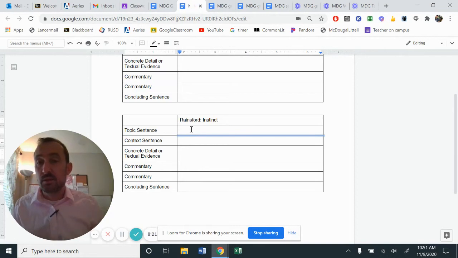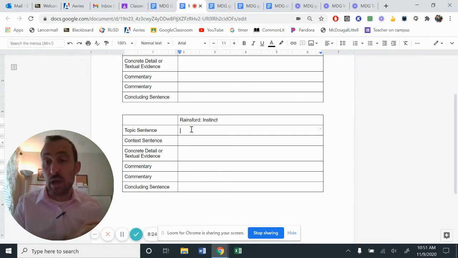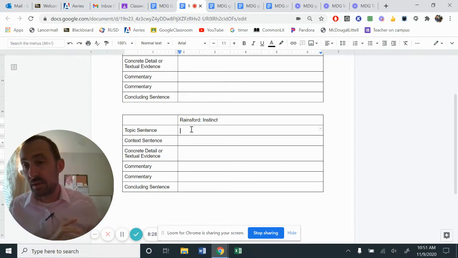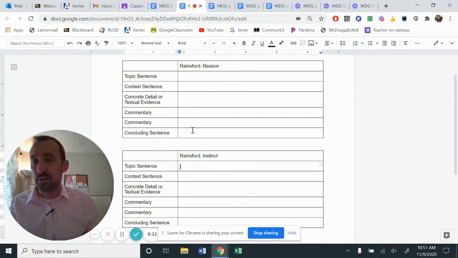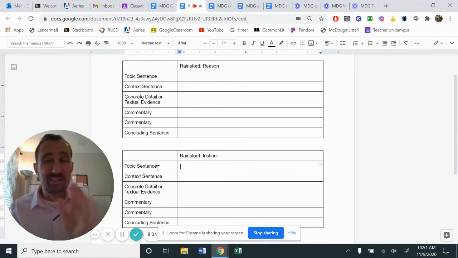Using instinct means you go off of your gut feeling. A person goes off their gut feeling rather than thinking about a decision. Okay. So you take the opportunity to fill in the topic sentence that deals with the theme word, not the character. Okay. And last but not least is our concluding sentence.